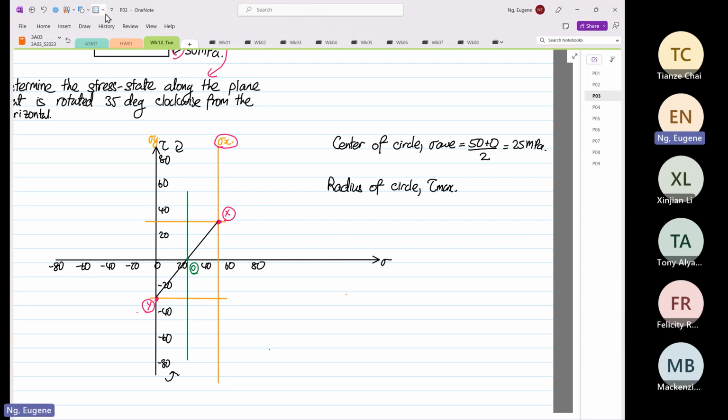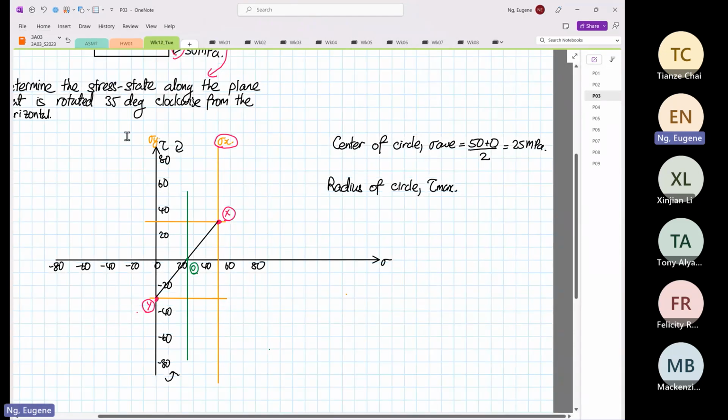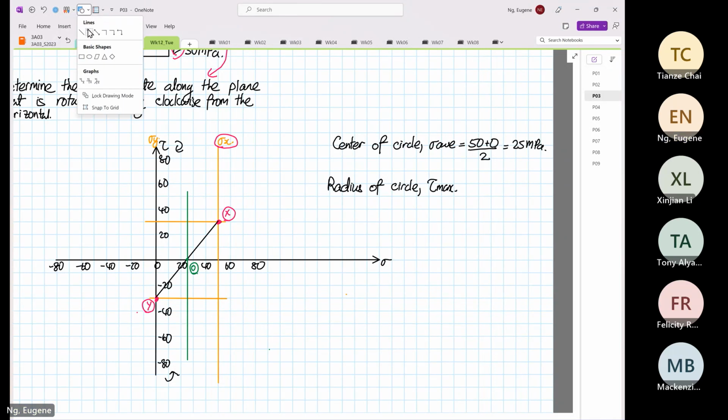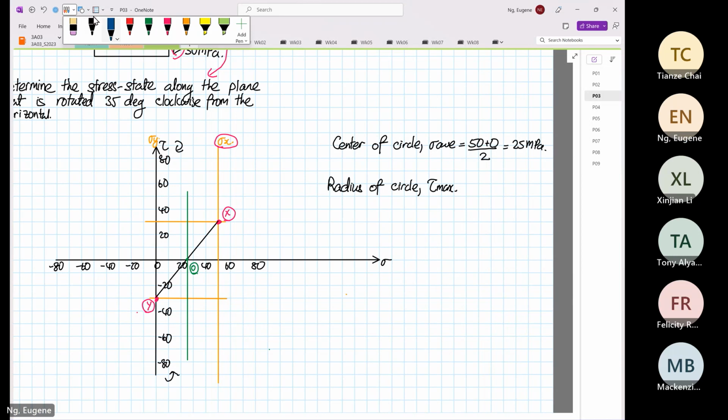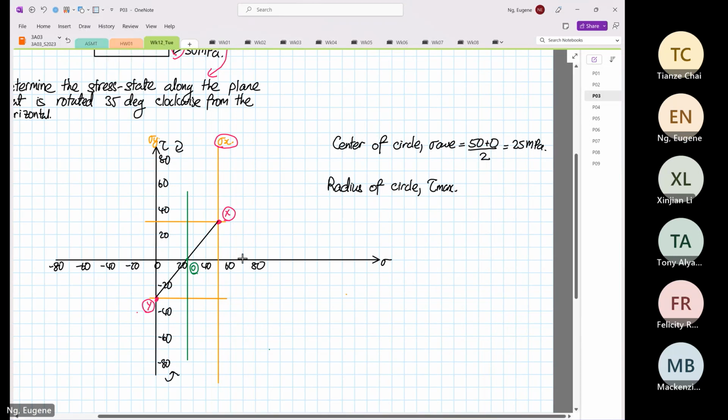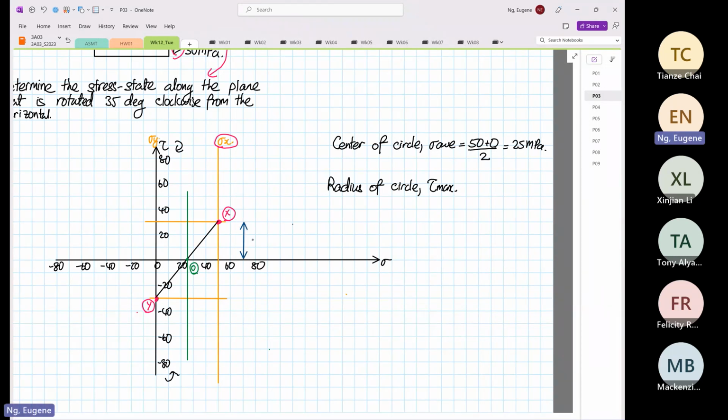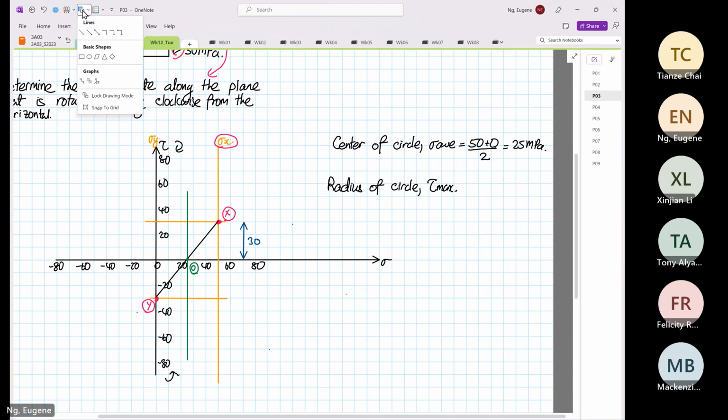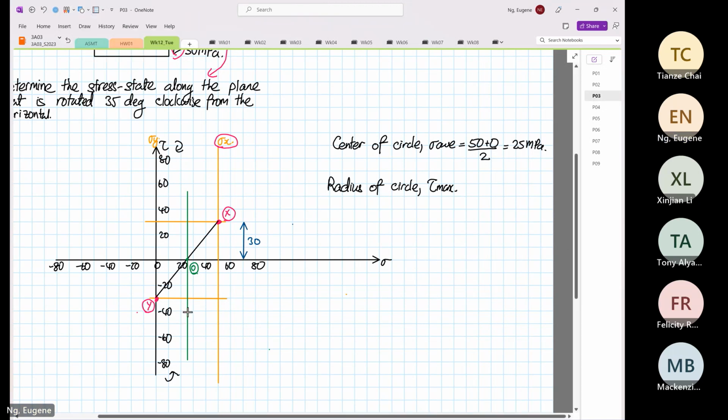So what we have over here, we know that this distance over here is 30, and we also know that this distance over here is 25, right?